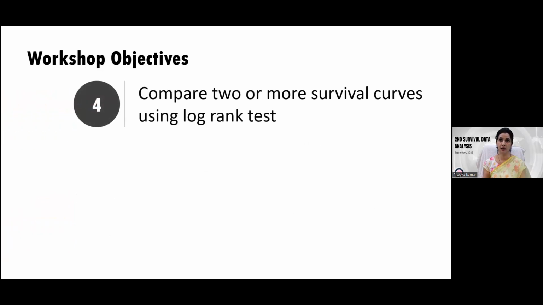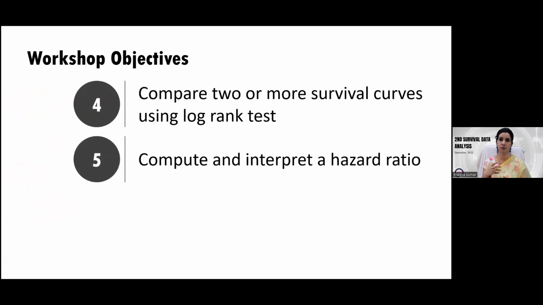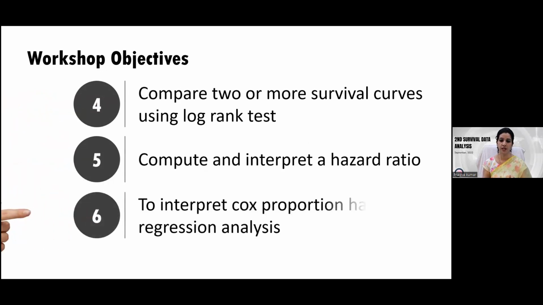Then we will learn how to compare 2 or more survival curves if there is a categorical variable. And then how to compute and interpret a hazard ratio, because you will also learn how to perform a Cox regression model, and then how to interpret that Cox proportional hazard regression analysis.